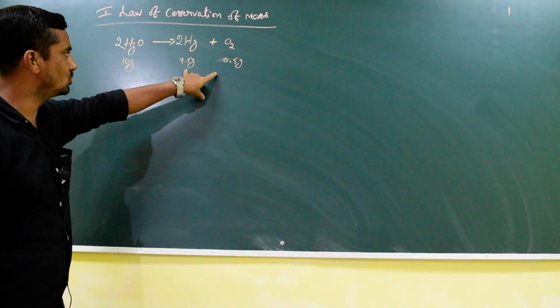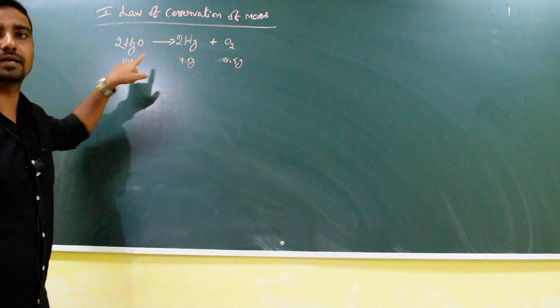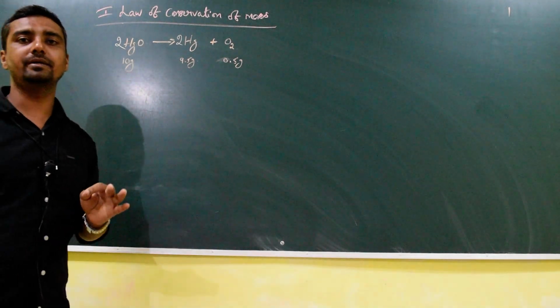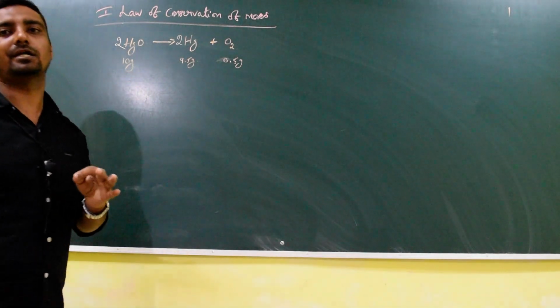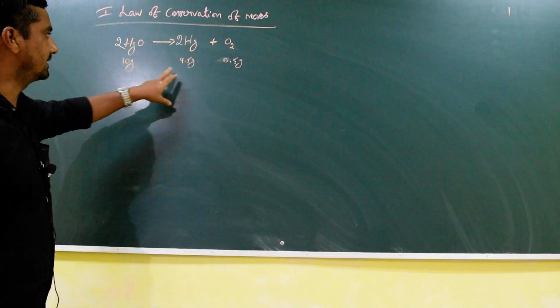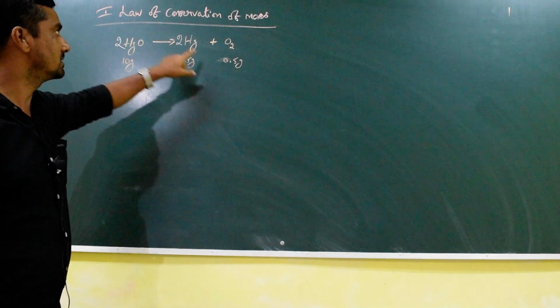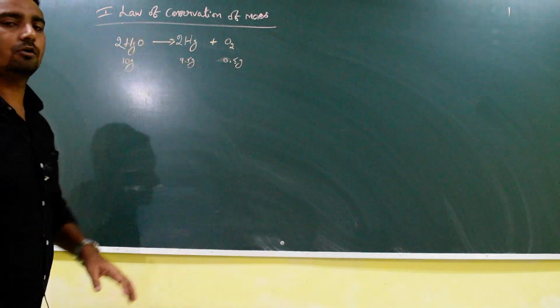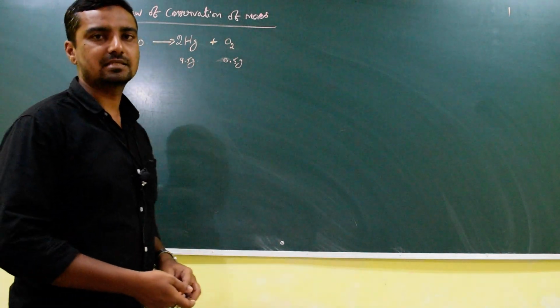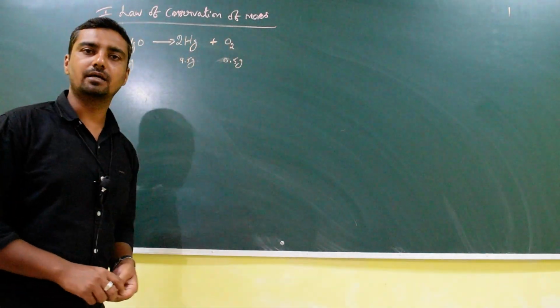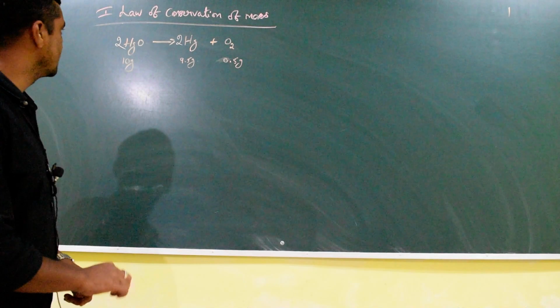If we combine 9.5 and 0.5, we again get 10 grams only. When it decomposed, the mass neither decreased nor increased. So that is the first law, the law of conservation of mass: mass is neither created nor destroyed in a chemical reaction.